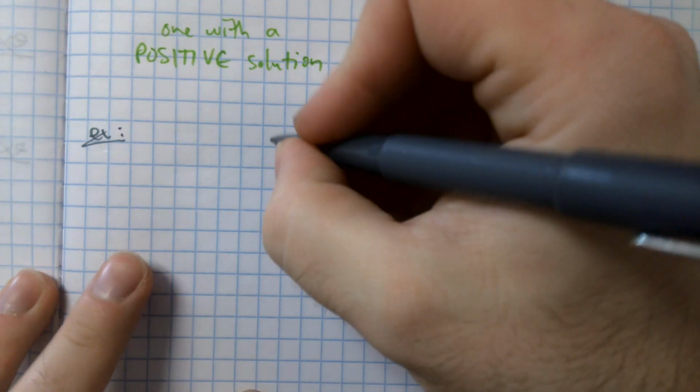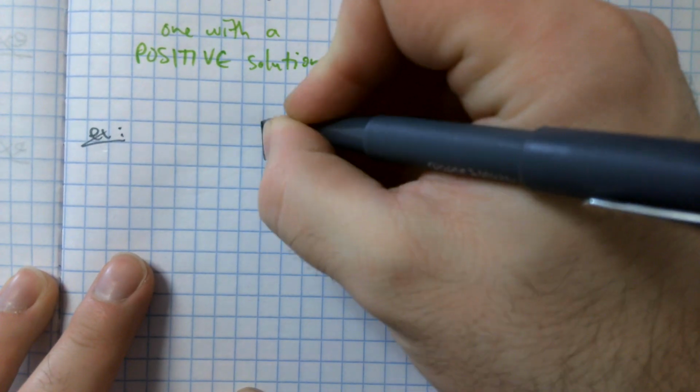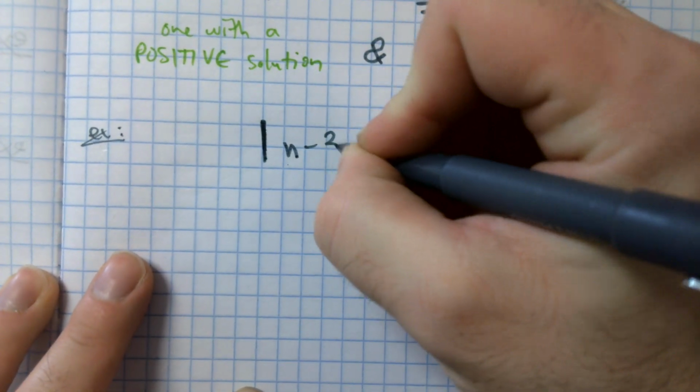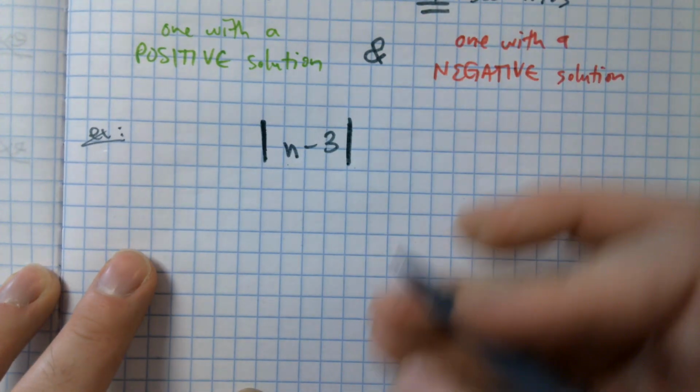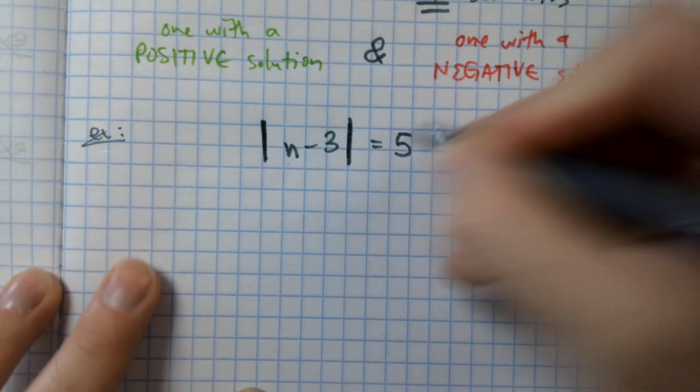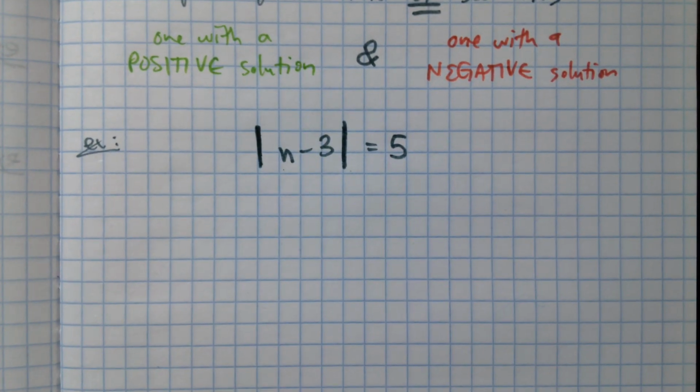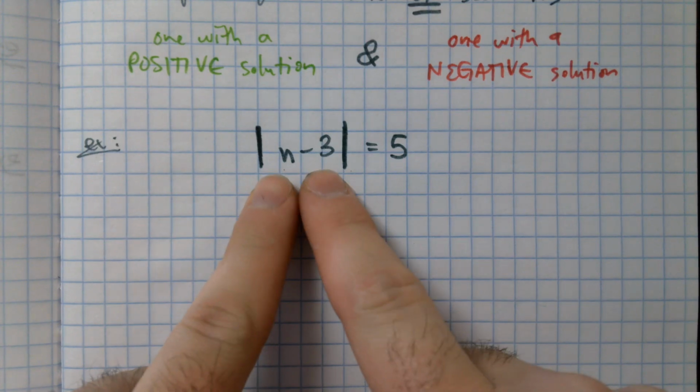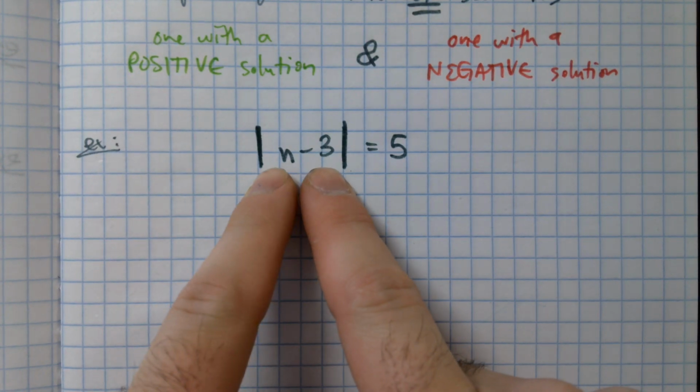If I have the absolute value of n minus 3 equal to 5. N minus 3 is an expression. We might as well call it x, but it's n minus 3.